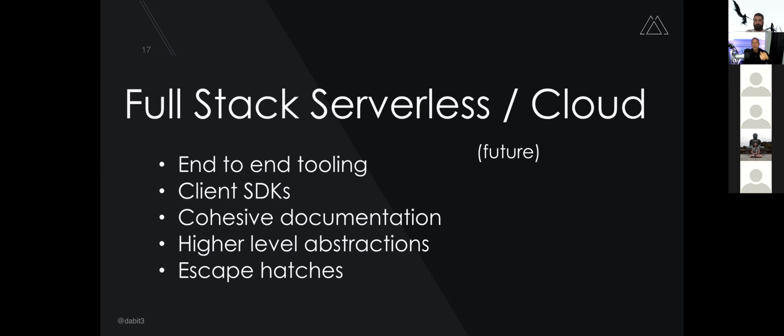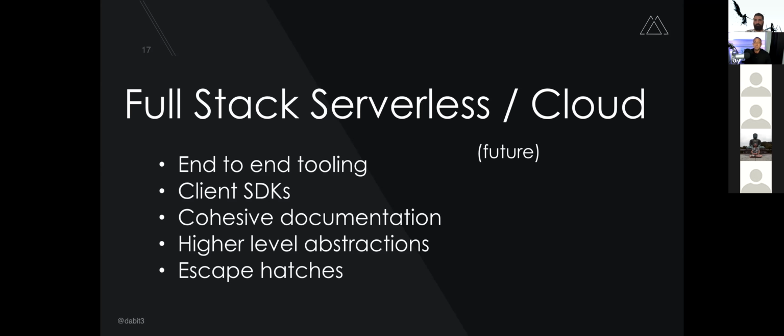We are building higher level abstractions for mainly these client SDKs, actually for the backend tooling as well. But essentially, in the past, if you wanted to build a cloud application, you had to understand really complex, very cloud related things like infrastructure as code, or you had to understand how to glue a bunch of things together using IAM roles and being in the AWS console, which is really confusing.